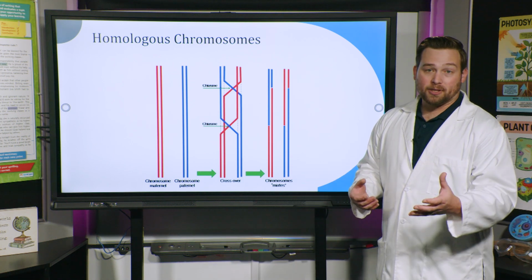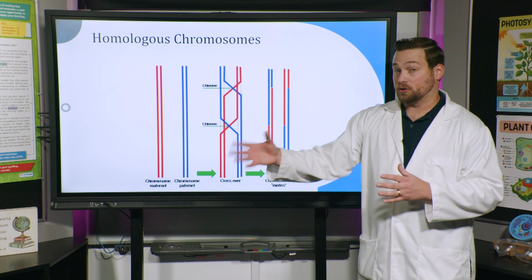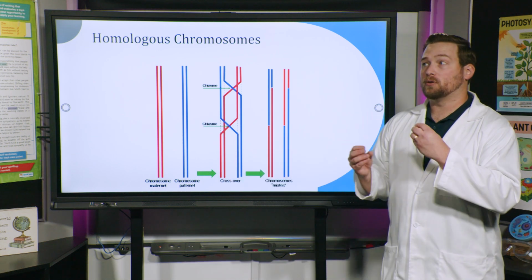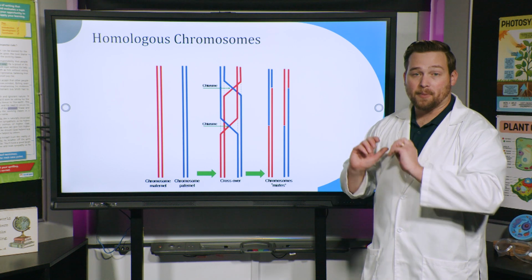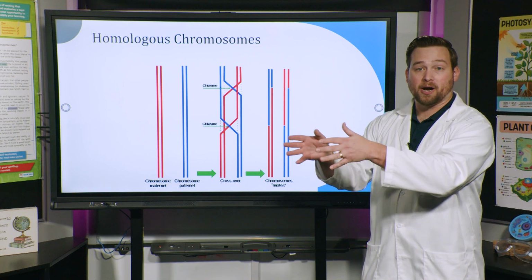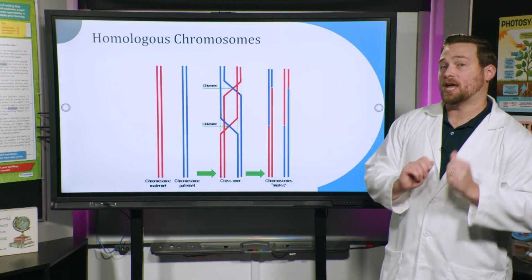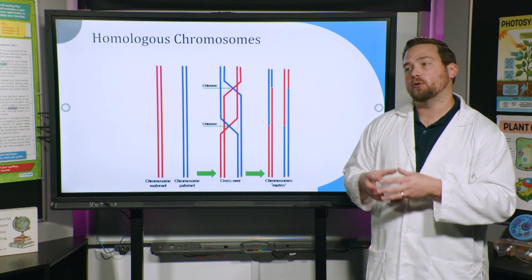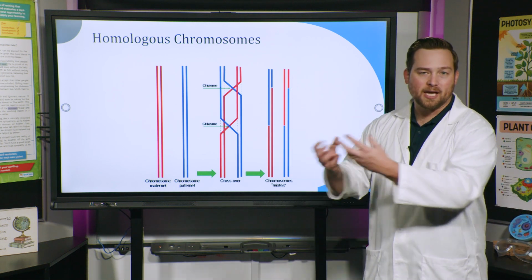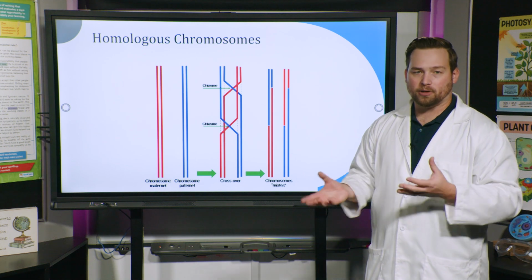If you have siblings, unless it's a twin brother or sister, your genetic information came from your parents, right? Your siblings' genetic information came from your parents. Well, why don't y'all look exactly alike? If y'all both are pulling from the same pool, why don't y'all look exactly alike?